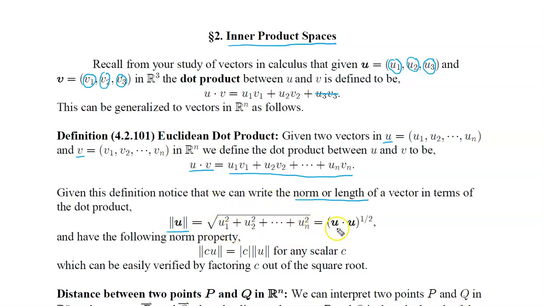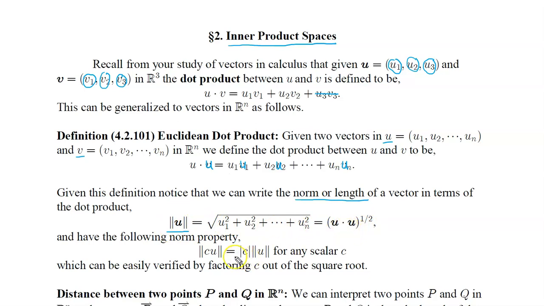Well, notice that that is just the square root of u dot u, because if this v right here is the same as u, then this is just going to be u1 times u1, well that's u1 squared, plus u2 times u2, that would be u2 squared, plus dot dot dot plus un times un, that would be un squared, and we would get this right here. So the norm or length of a vector is simply the square root of u dot u.